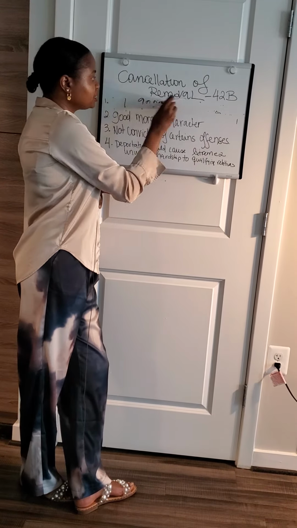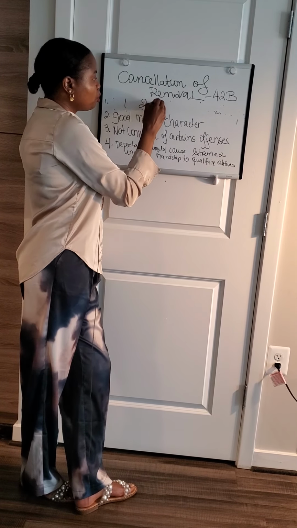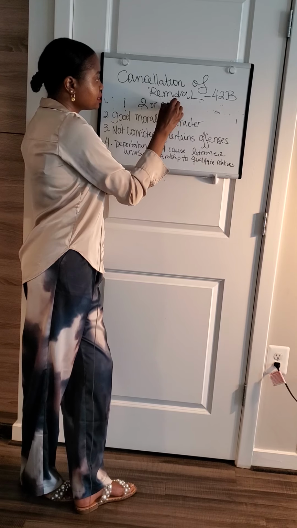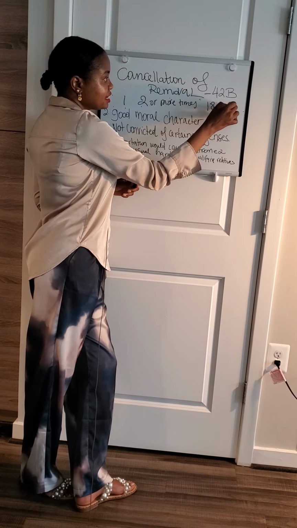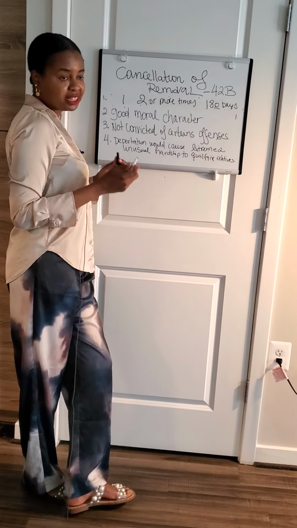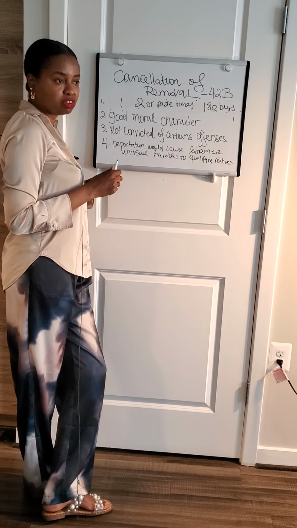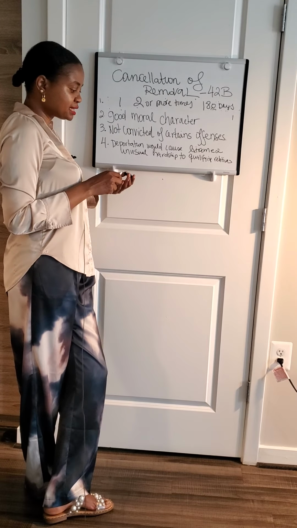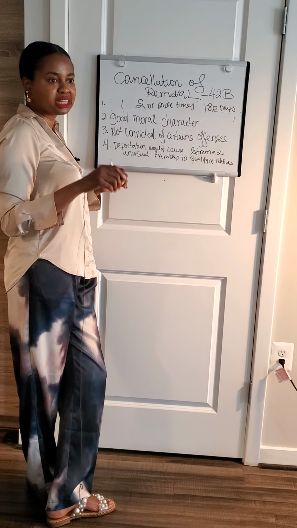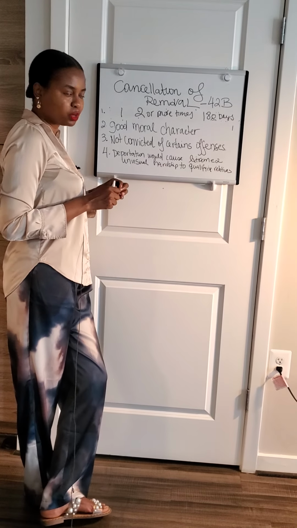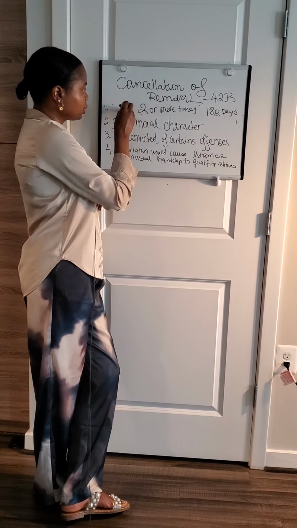If you left the country 2 or more times within 180 days, that too, yes, you did not break the continuous physical presence requirement. But let's say you left the country 2 times within 90 days, my friend, you broke that physical continuous presence, okay? So let's move on to the second requirement, okay?